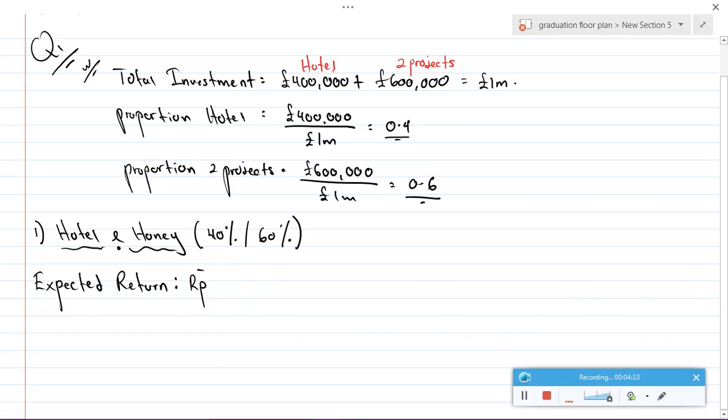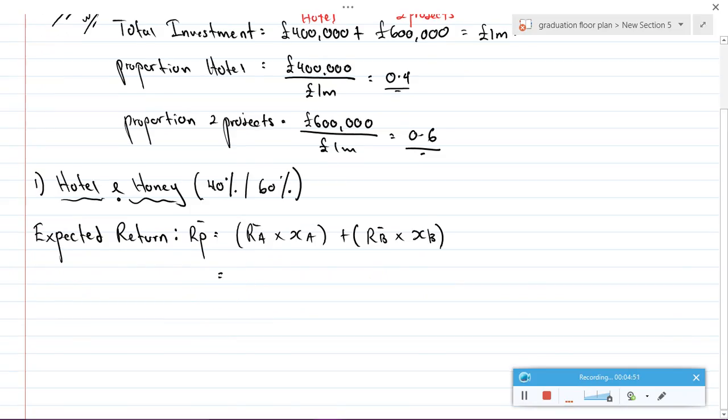RA mean times proportion A plus RB mean times proportion B. Now, which one is A, which one is B? Hotel will be A, honey will be B. Assume that.